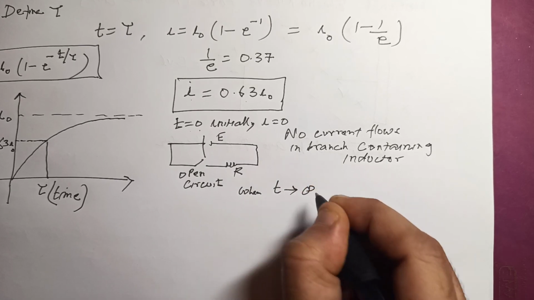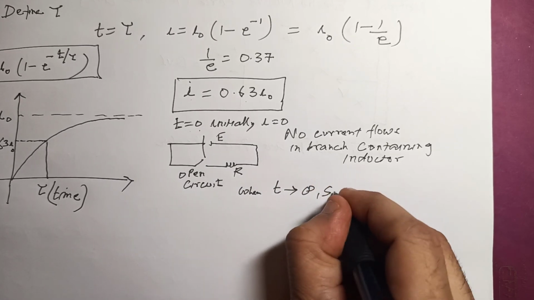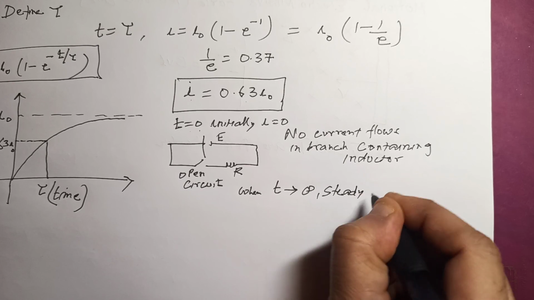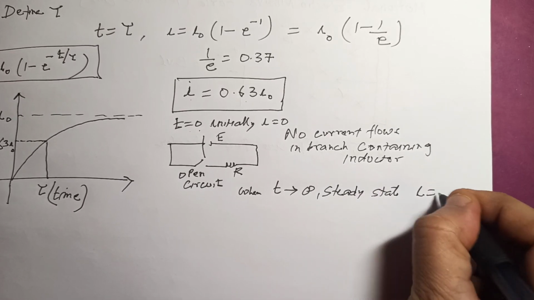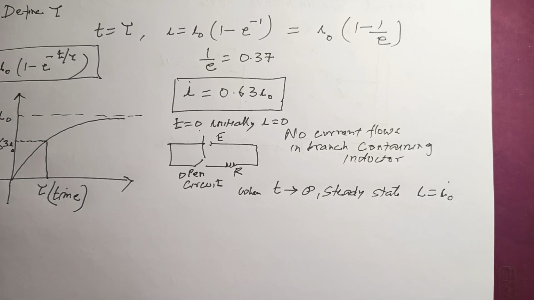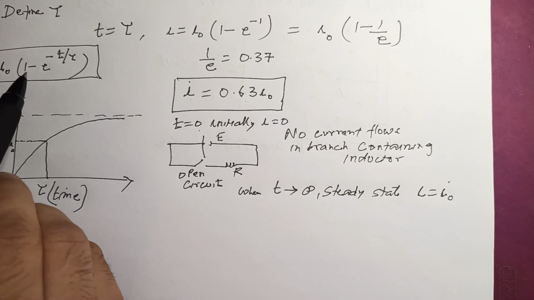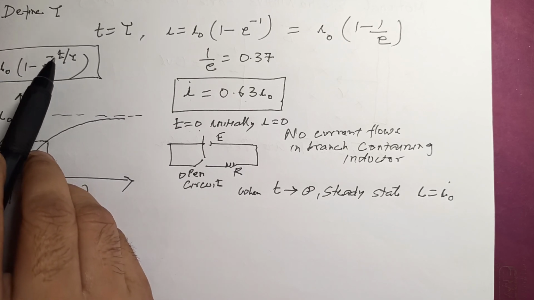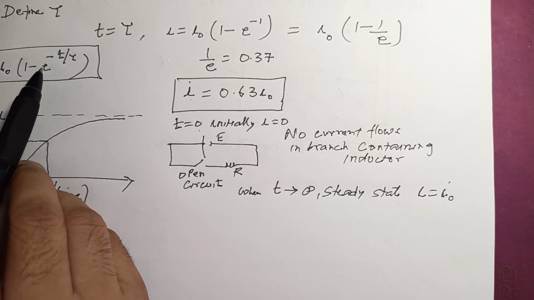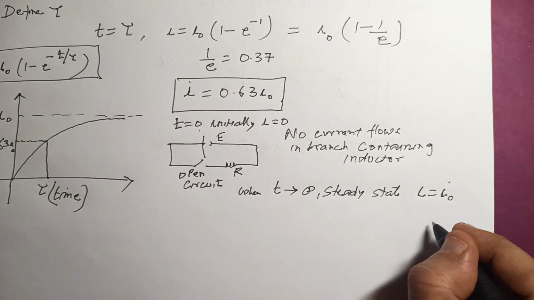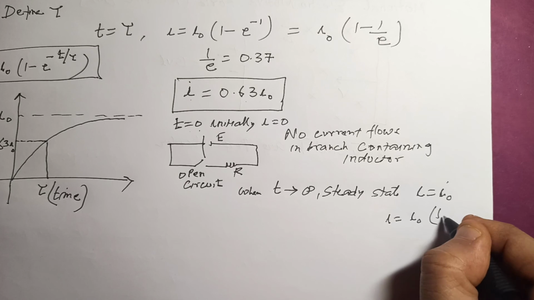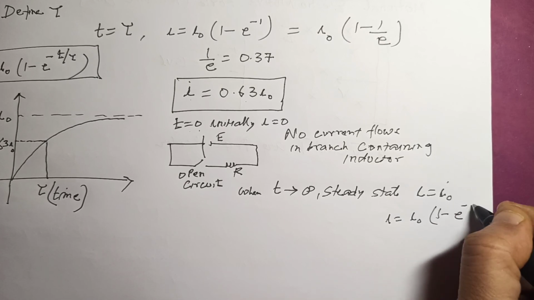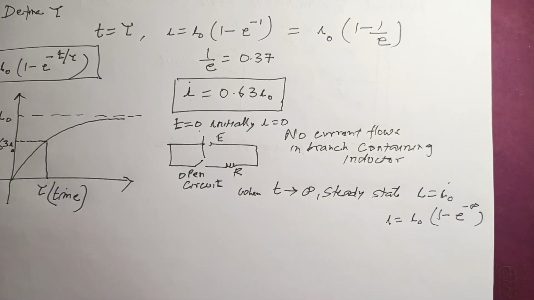Now I will talk about the second case, when t is equal to infinity, which is steady state. In steady state, I is equal to I naught. Okay, why I is equal to I naught? Because if I apply t as infinity here, it becomes I is equal to I naught (1 minus e to the power minus infinity). Correct?